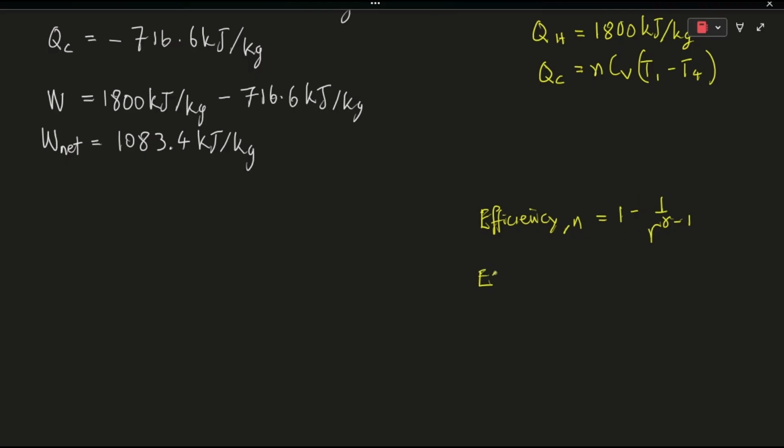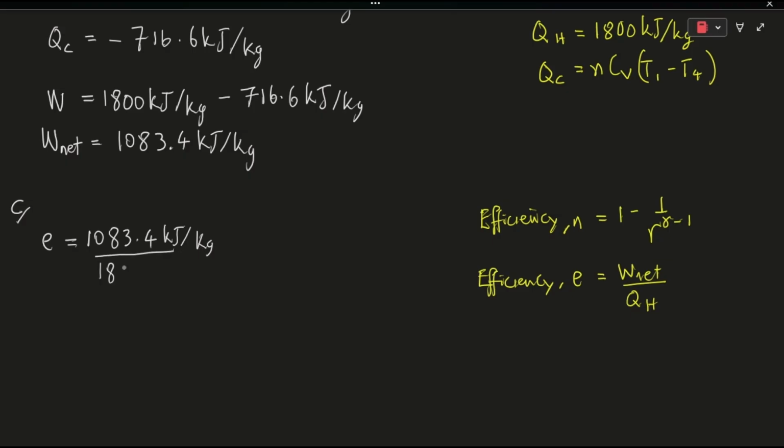Alternatively, let's denote this by the letter E, is given by, so with our C, E is 60.2% efficiency.